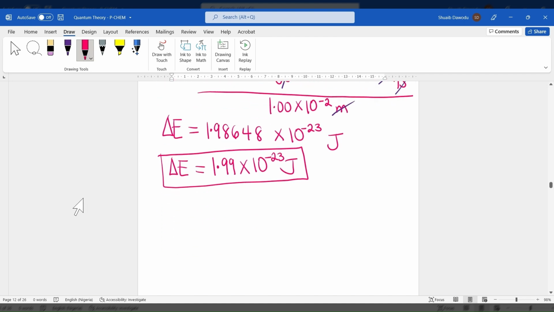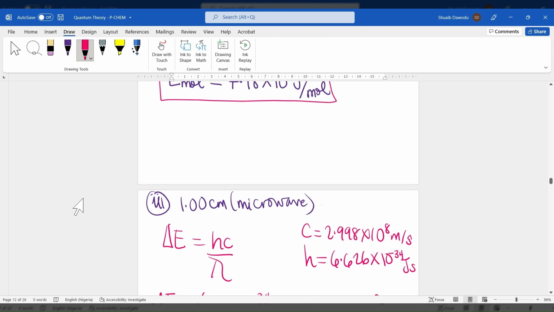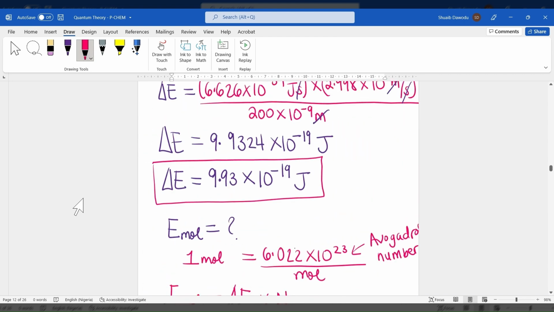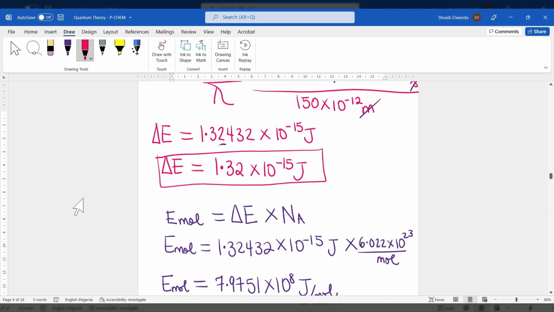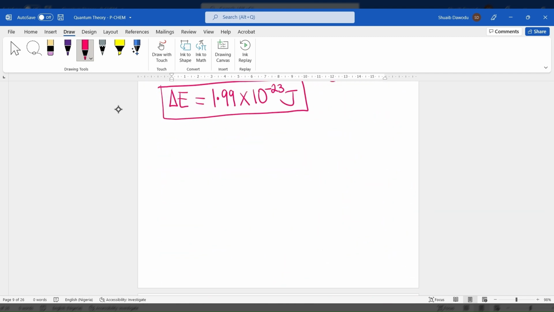Now, I want to also remind you that it's a two-part question where we're also supposed to find the energy per mole of photons. So the energy per mole of photons would just be E mole is equal to the energy of a photon times Avogadro's number.